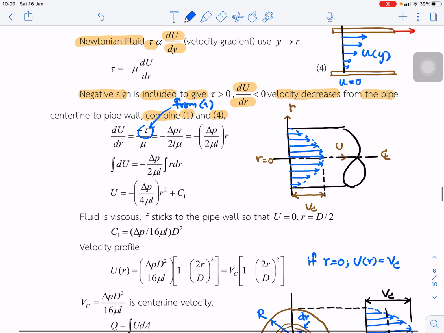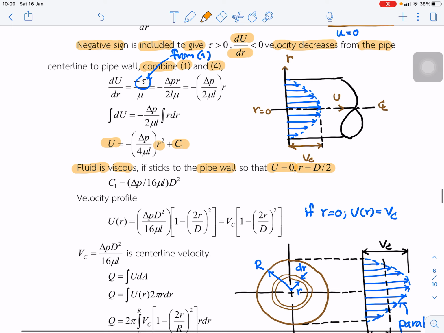We do integration to get u as a function of r squared plus the constant c1. The fluid sticks to the pipe wall, so u is equal to 0 at r equals d over 2, so we can find the constant c1.